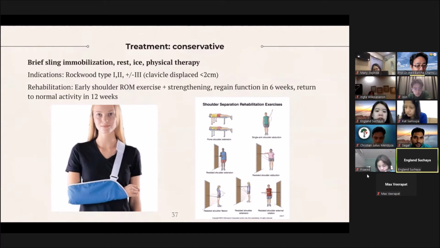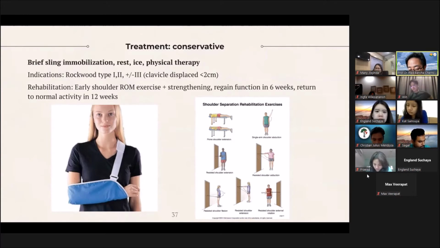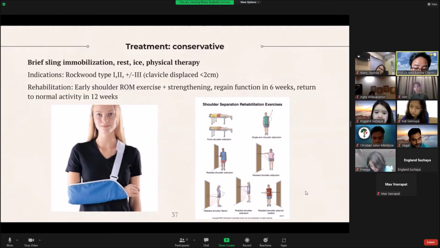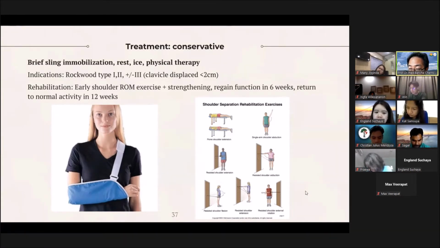So the first phase is, do you need to try to reduce it? Do you need to try to reduce it like a shoulder dislocation or hip dislocation? You need to try to reduce it, right? So in type 1, 2, 3, if you try conservative treatment, what do you think? Do you need to reduce it or not? And if you need to do that, how to do that?